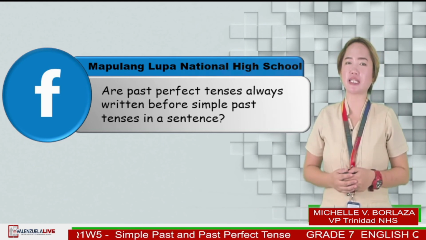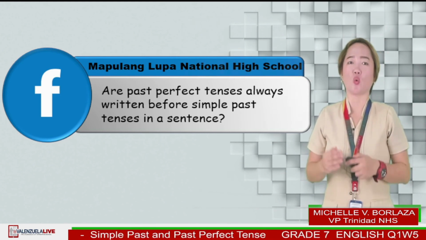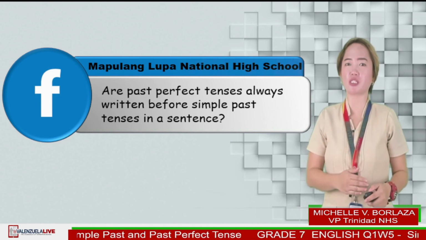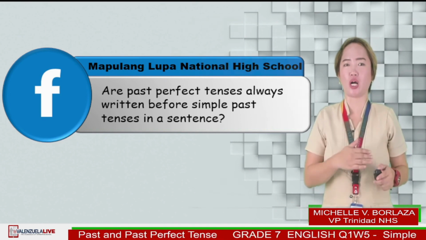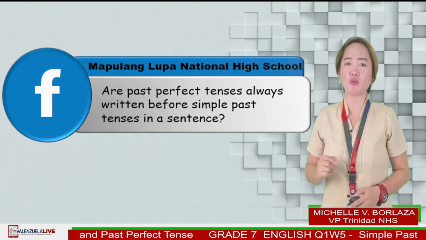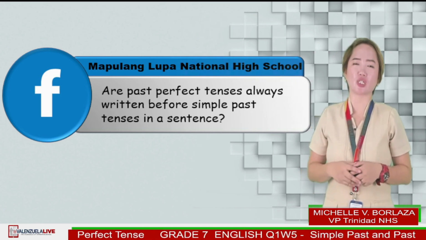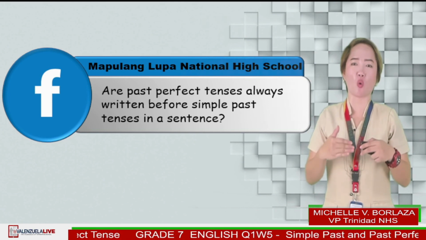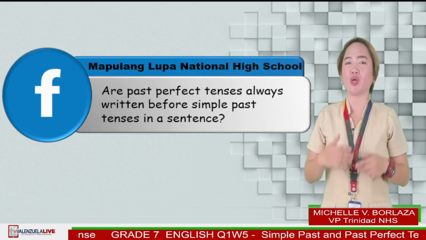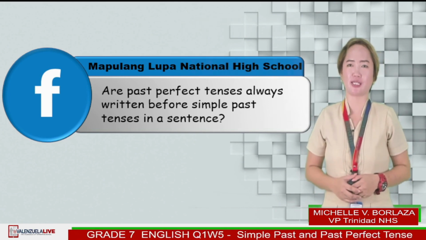Recall our first sentence in task 3: We had left the province before the ECQ was implemented. You may write it the opposite way, such as: Before the ECQ was implemented, we had left the province.